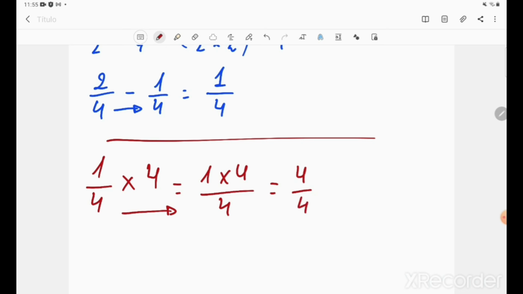When we have the same numerator and denominator, this fraction actually equals 1. Any fraction that has the same numerator and denominator equals 1. So the answer is 1.